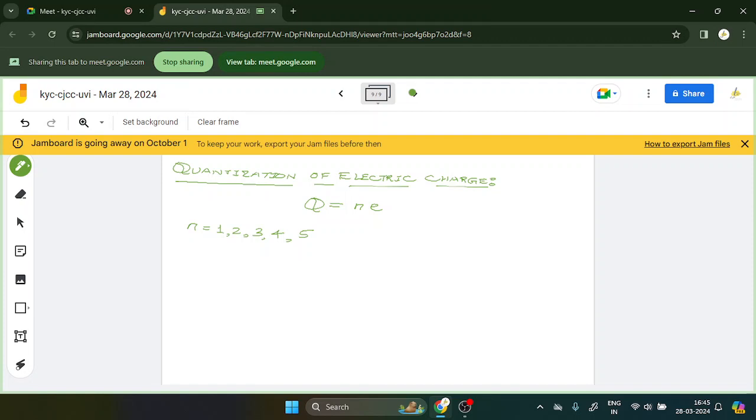It is not going to be like 1 by 2, 5 by 4. Clear? Not in a fraction, or in a decimal. So we can say quantization of electric charge means that electric charge cannot be divided indefinitely.